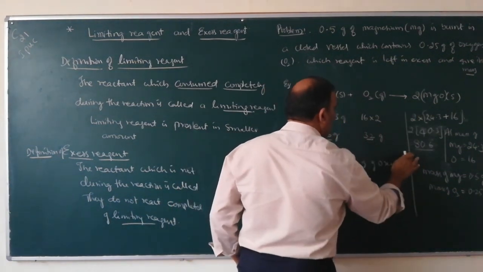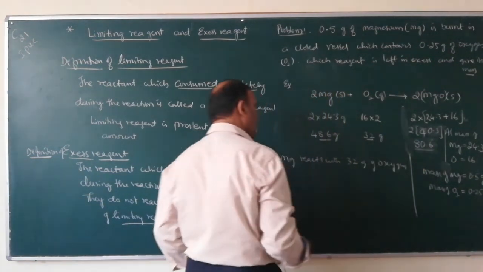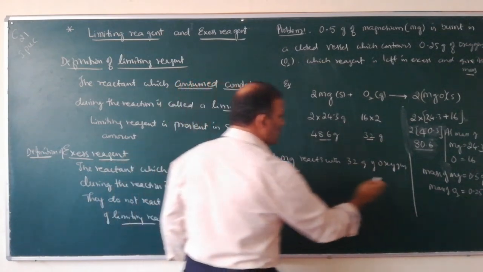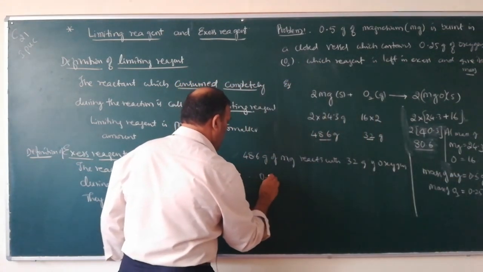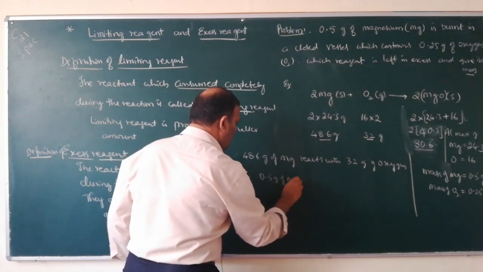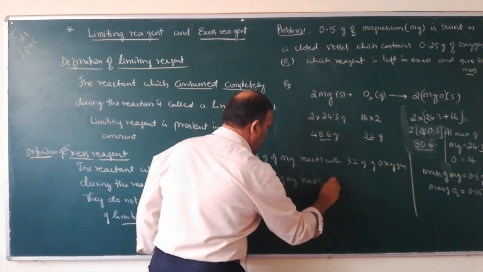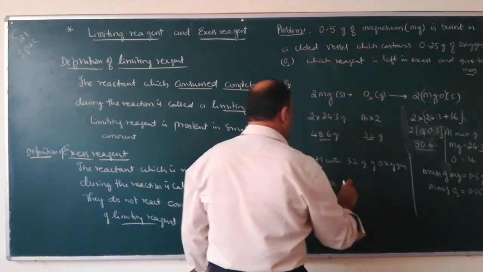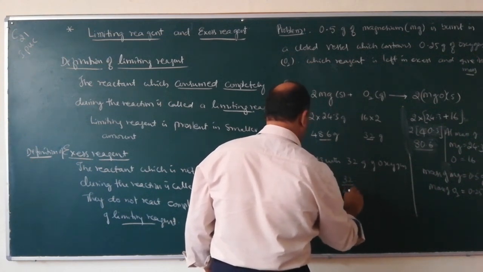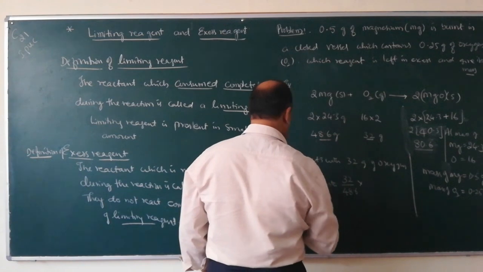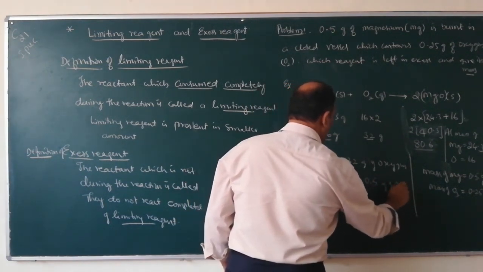Therefore 0.5 gram of magnesium reacts with 32 divided by 48.6 into 0.5 gram of oxygen.